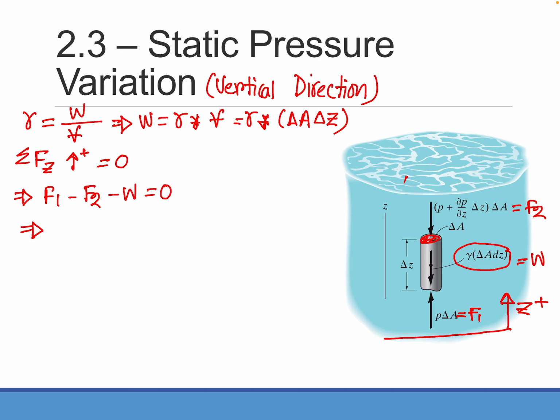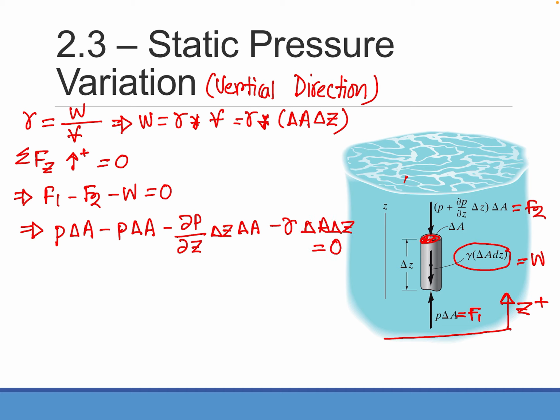So if I write P delta A, this is the F2, and if I remove the parentheses, the final thing will be delta A dP dz delta Z, and the weight of this is gamma delta A delta Z, equals 0.